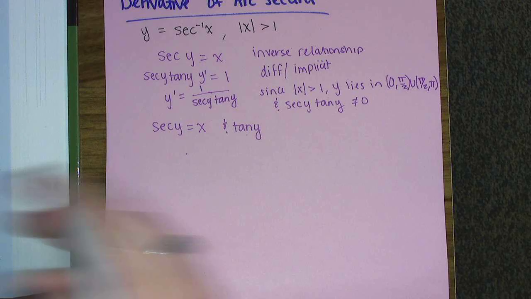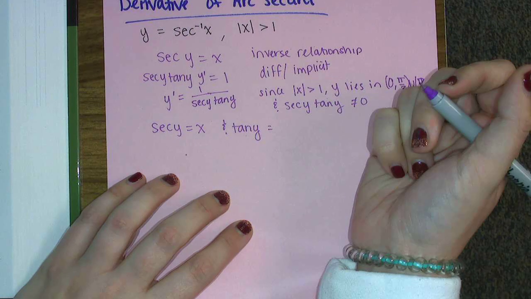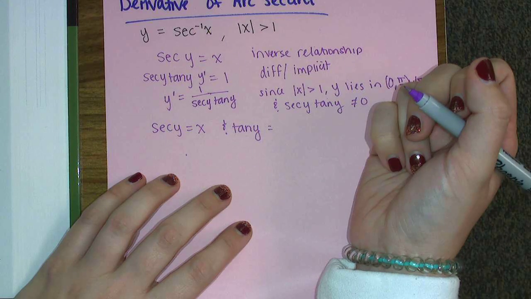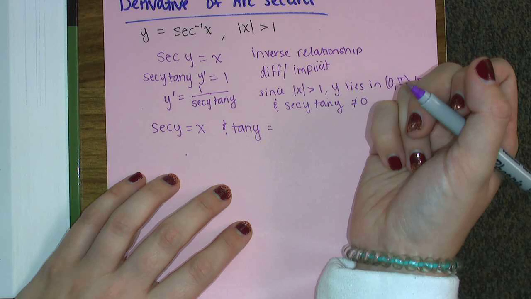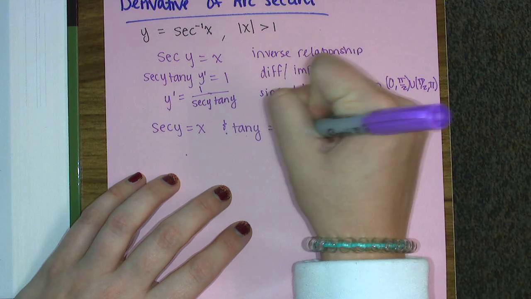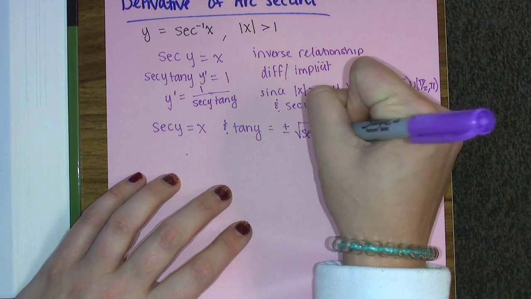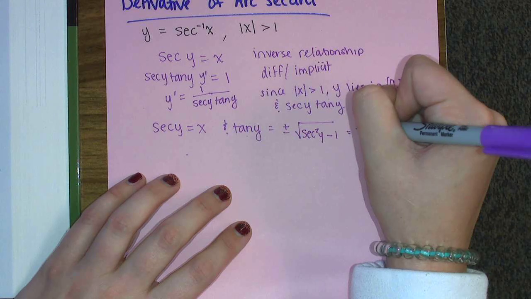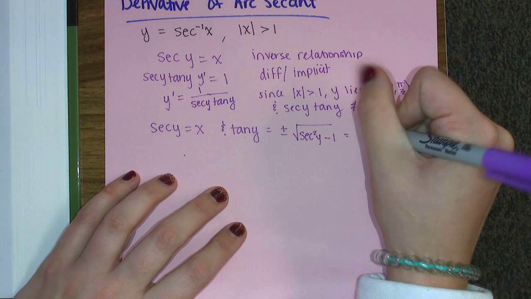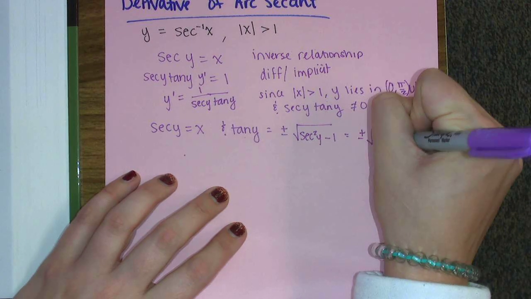All right, so tangent of y, we said earlier, 1 plus tangent squared is equal to secant squared. So now we need to get tangent by itself. So this is going to be plus or minus the square root of secant squared of y minus 1. Because secant is x, this is plus or minus the square root of x squared minus 1.